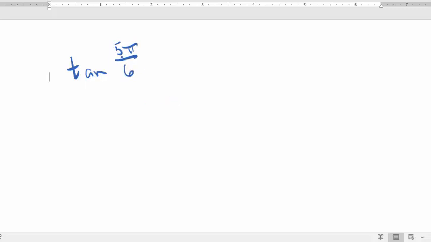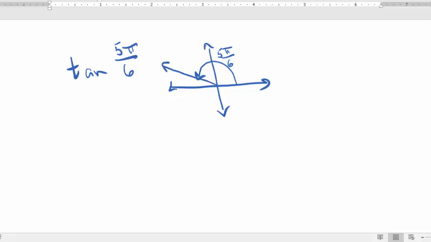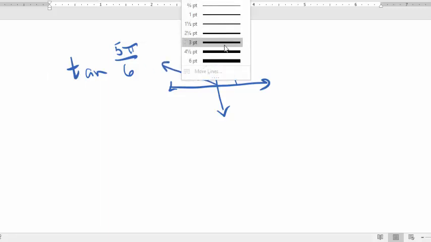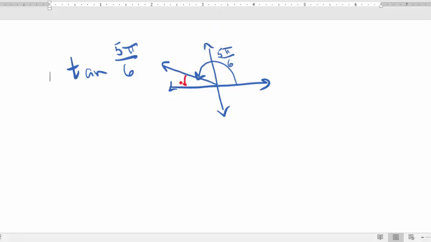All right, well, 5 pi over 6 is actually going to be in the second quadrant. So 5 pi over 6 is really this. But remember what we do, we want this reference angle, which we're calling theta hat.